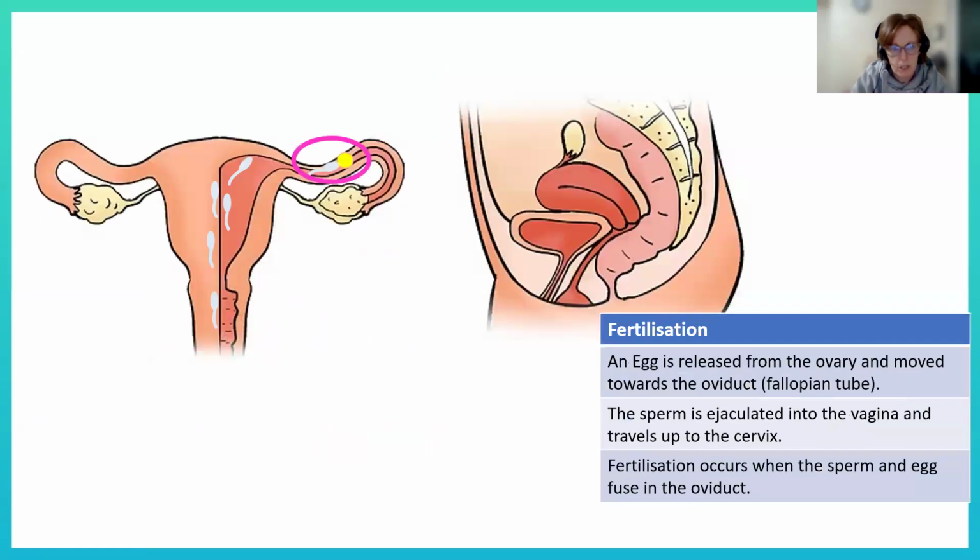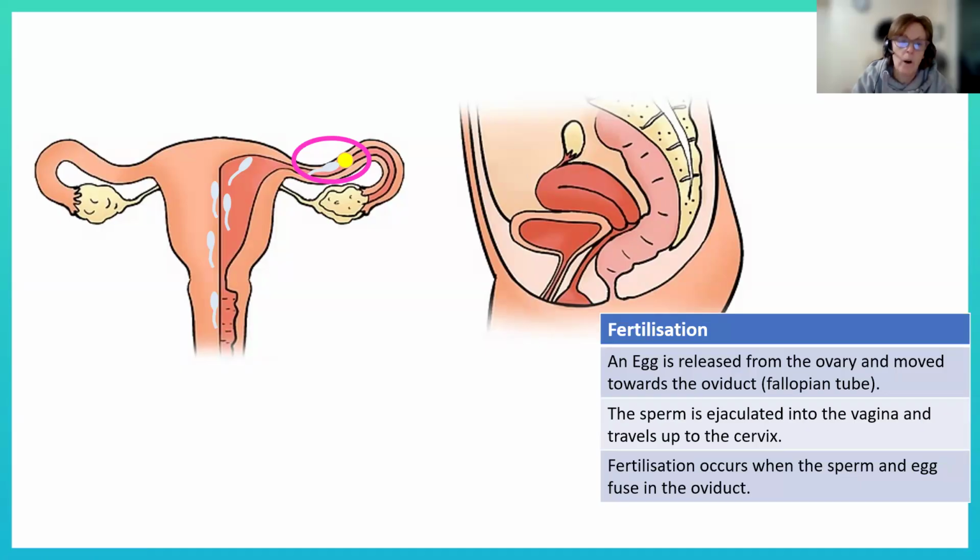So if pregnancy does occur, the sperm is released into the vagina. It makes its way through this tight ring, the cervix, up through the uterus, and fertilizes the egg in the fallopian tube or the oviduct. So you don't actually get pregnant during intercourse. You probably get pregnant 5 days later when you're walking around Tesco's or something.